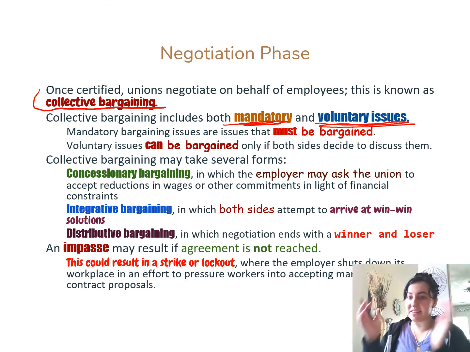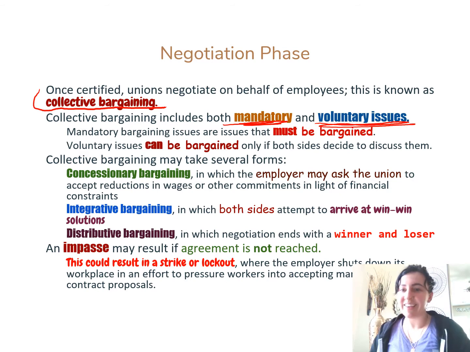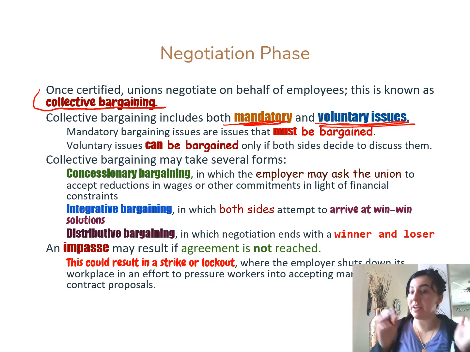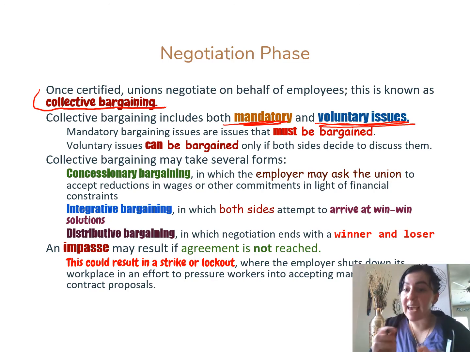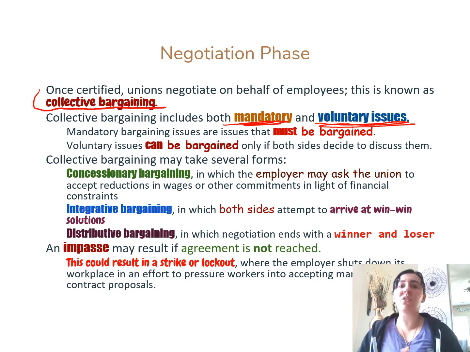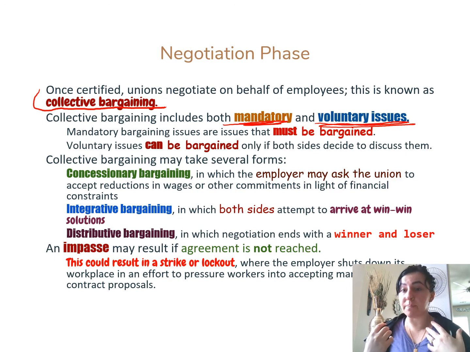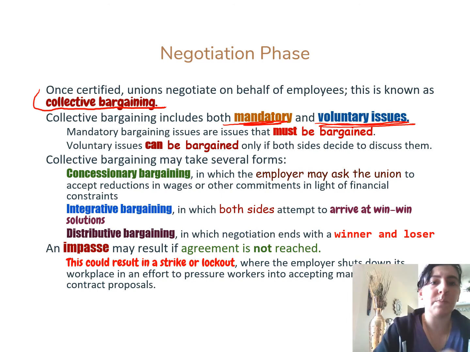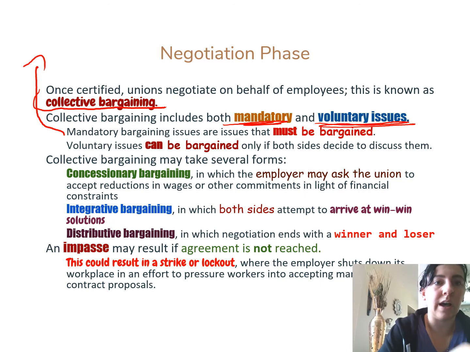So we classify the types of issues that you're negotiating, and they can either be mandatory or voluntary. The mandatory issues are those that have to be bargained, that must be bargained. Those are the ones that are actually important for business operations.